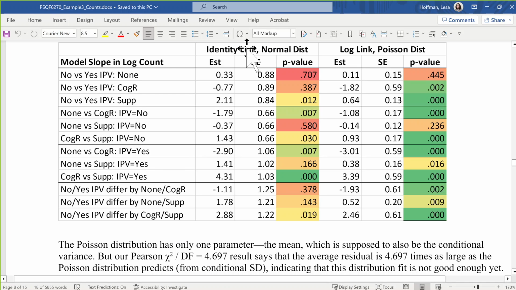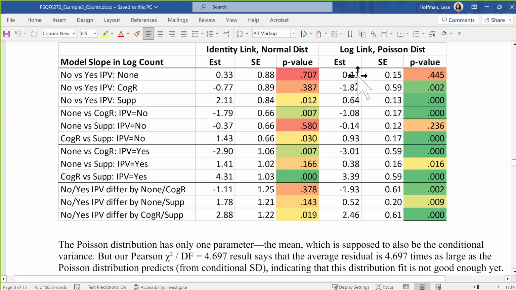So that's what the reference columns here are: if you just ignored the fact that this is a count and fit an ANOVA model. That's what an identity link with a normal conditional distribution is. I want you to recognize the pieces that go into the names that you're familiar with, so that you can customize those pieces as you need to do a different type of analysis. So I'm swapping out the identity link with the log link.